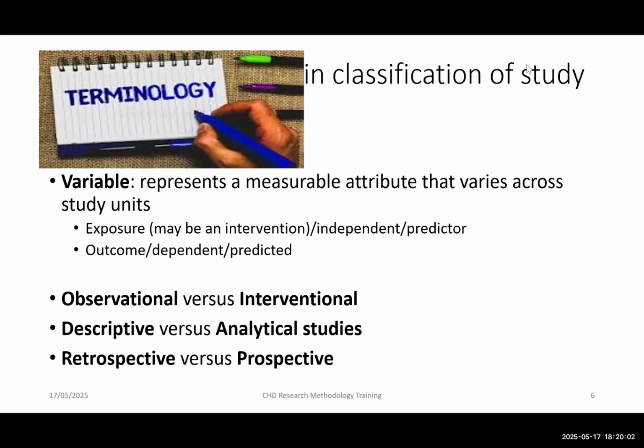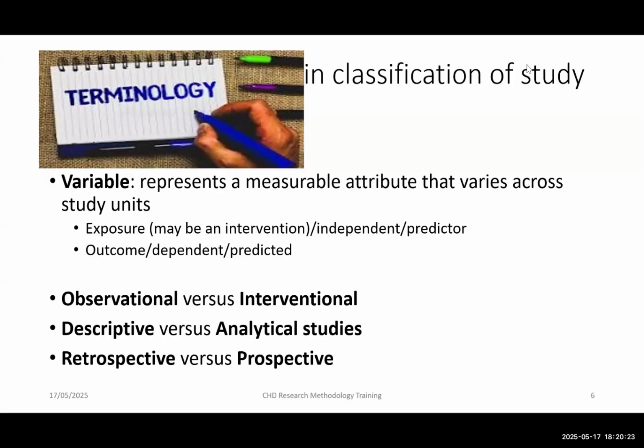Descriptive studies generally are what initiate or bring about a hypothesis. So if you're classifying studies based on a hypothesis, the one that describes or generates a hypothesis is your descriptive study.